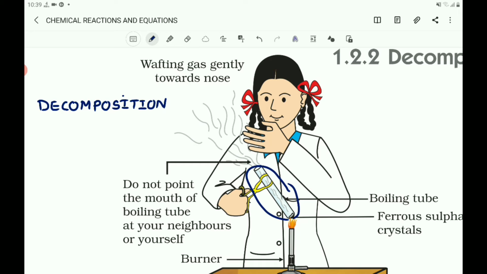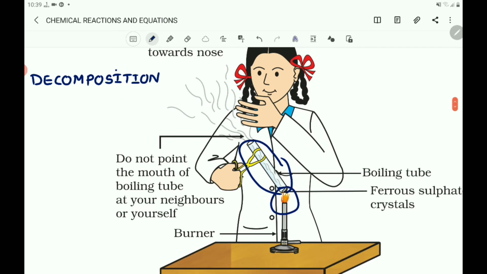heat the boiling tube over the flame of a burner or spirit lamp as shown in the figure. Here use the spirit lamp or burner and heat the boiling tube containing the ferrous sulfate.